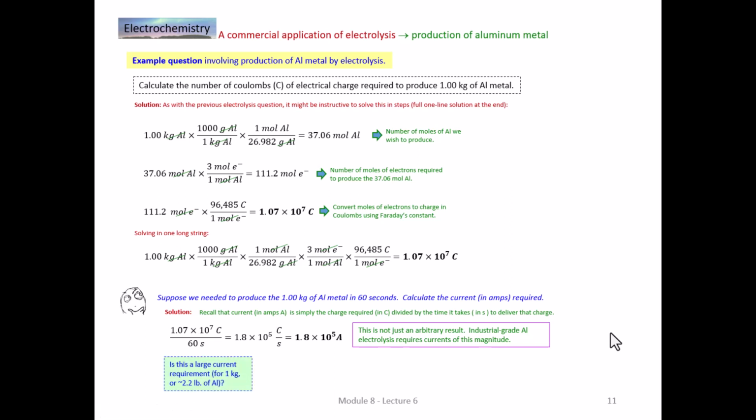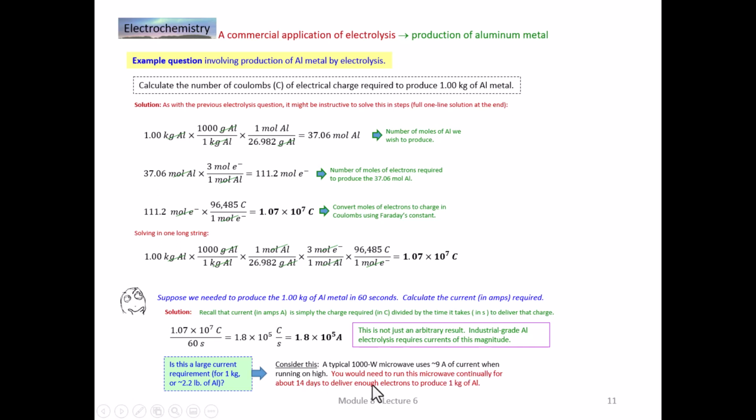So you might ask again, well, is this a large current requirement? I'm telling you it is, but let's do a little calculation here. A typical 1000 watt microwave uses about 9 amps of current when running on high.